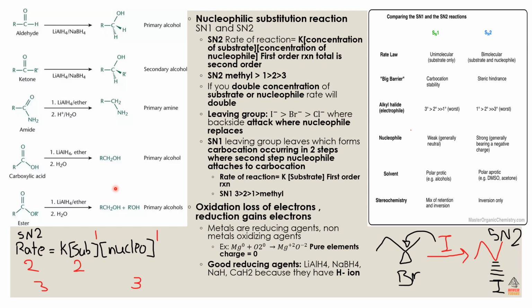And that's how you create the primary alcohol. A secondary alcohol is created from a ketone. And lastly, a primary amine is created from an amide, and it's also two steps: LiAlH4 and a hydrogen ion or water.